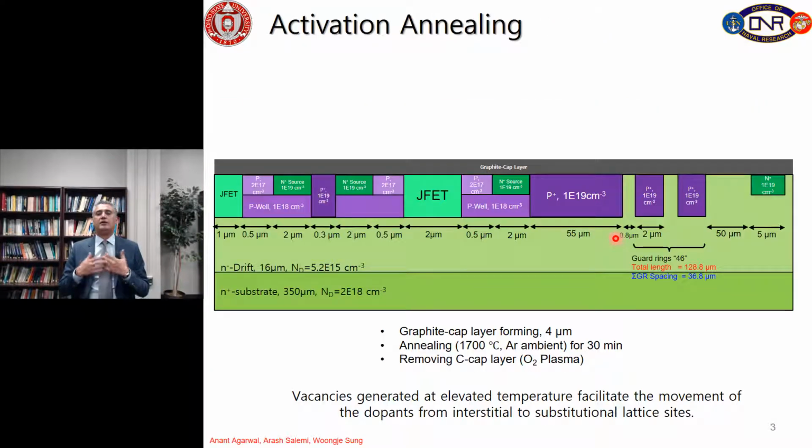For this, we need to anneal the sample, and as I mentioned in the JBS lecture, we need a cap layer before annealing. To make the cap layer, we can coat the sample with, for example, photoresist, and then anneal it at higher temperature to make a graphite cap layer.